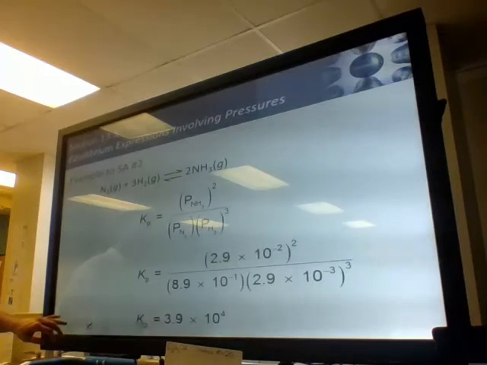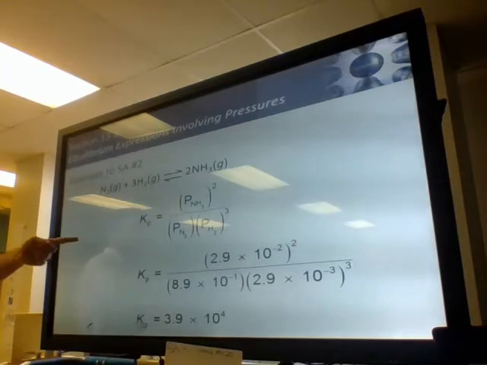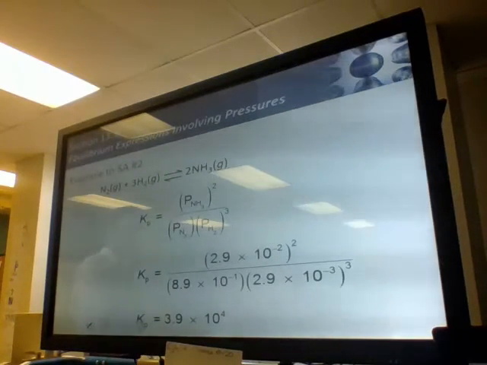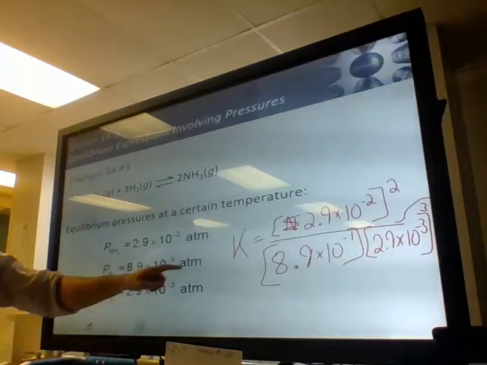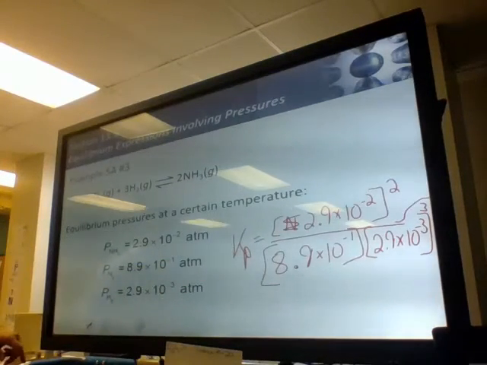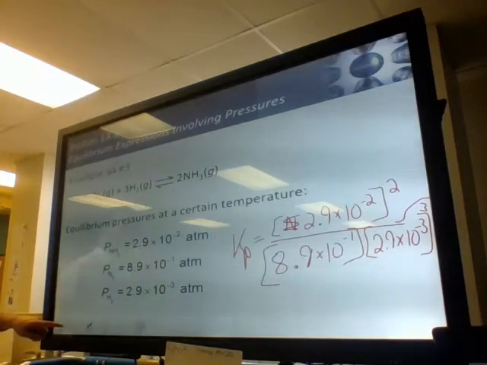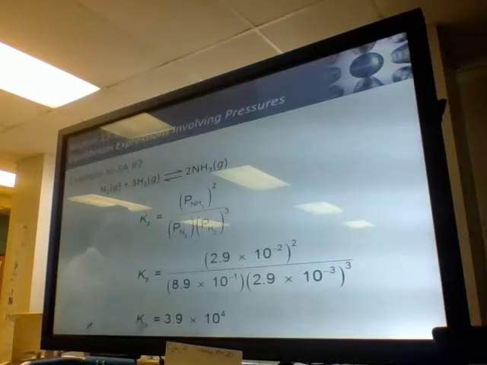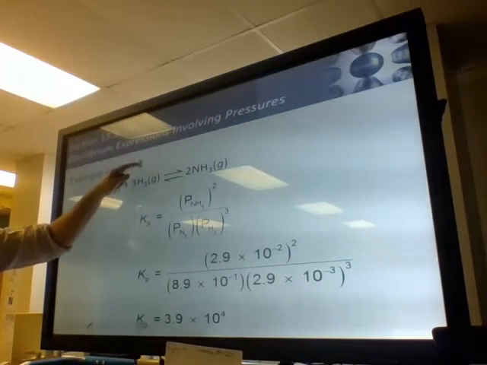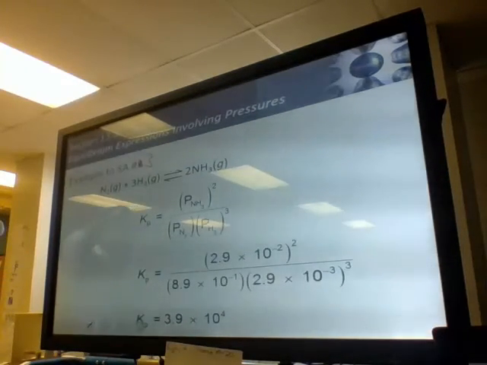Okay, so essentially that's what they did. And so the Kp, I wrote that wrong. That would be Kp, K with pressure, compared to just K, and that would be the answer. So that should say SA3. Nothing too tough, and it doesn't get any harder.